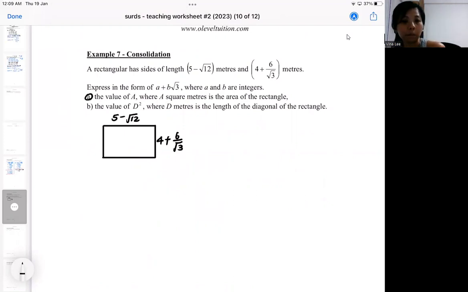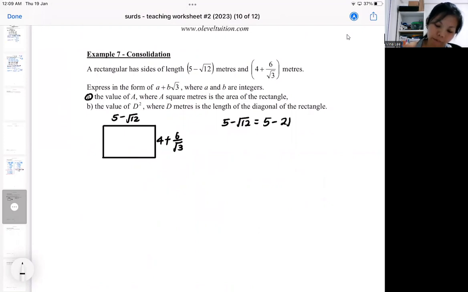It's very simple. But if you fail to simplify the root 12, or you fail to rationalize this portion, your multiplication will be quite difficult. Not to say not doable, it's just very susceptible to careless mistakes.